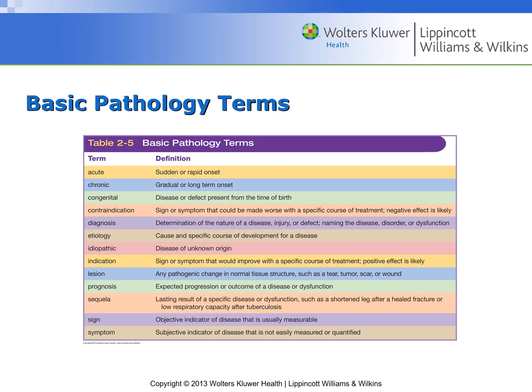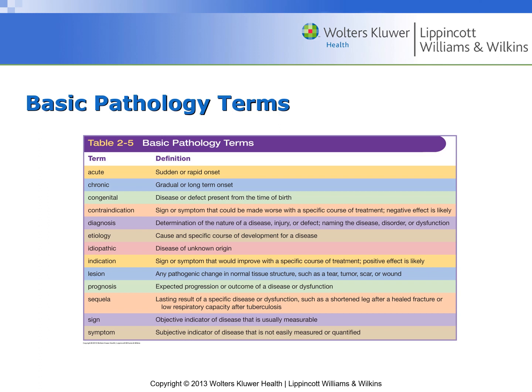Now let's take a look at some basic pathology terms. Acute refers to something that is sudden or rapid onset. Chronic is gradual or long-term onset. Congenital is disease or a defect present from the time of birth.